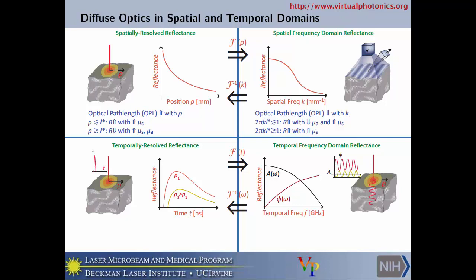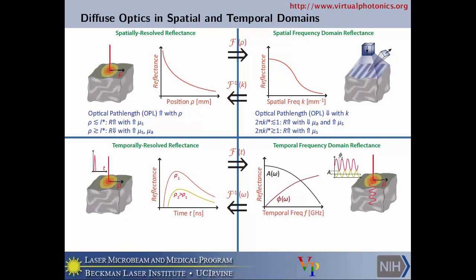As Bruce said, for temporally resolved reflectance, essentially you put in a delta function in time, a very short pulse, typically on the picosecond scale, and then you measure the temporal dispersion of that light at locations offset from the point of illumination. Typically there's some transit time for the light to get from source to detector. So there's a delay, and then you see some sort of impulse coming out that is spread out in time.